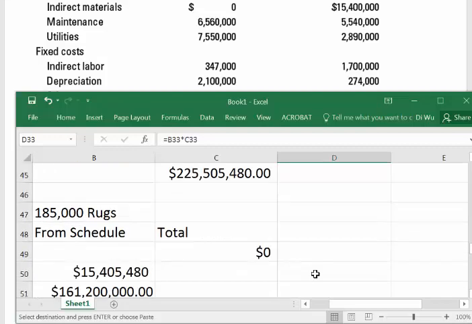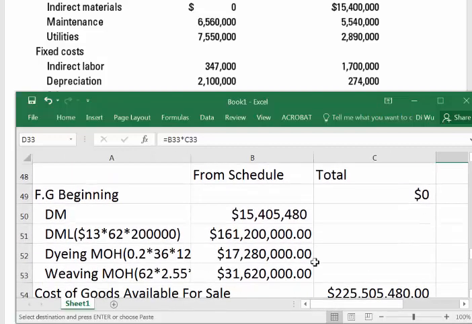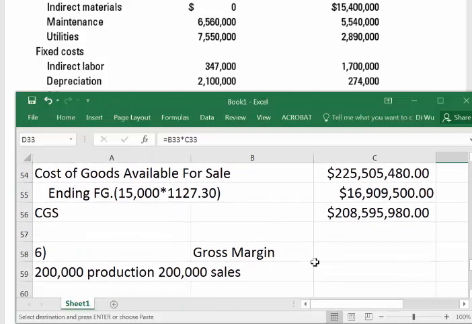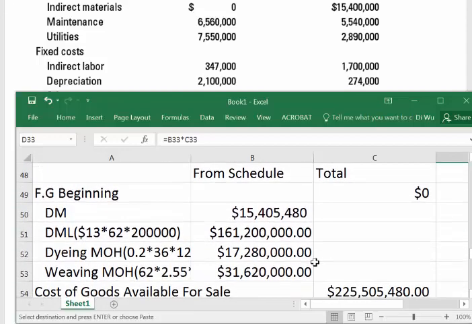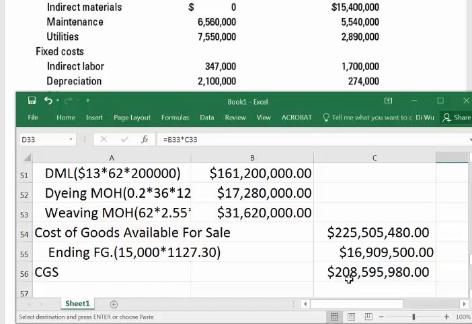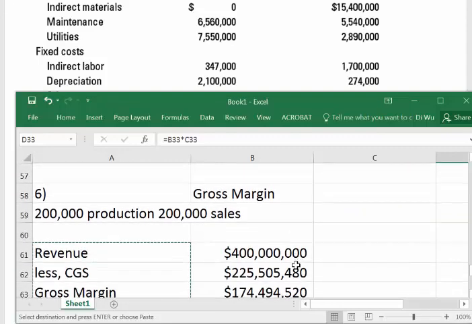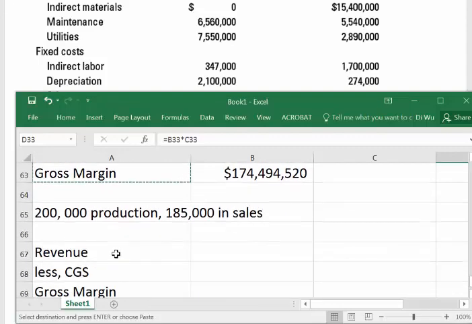And for the CGS, you go to question 5. You will find that for 185,000 sales, the CGS is 208,595,980 dollars. So you can use these numbers in your calculation.